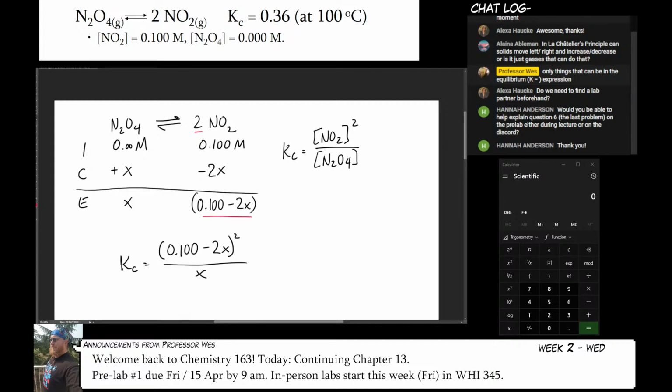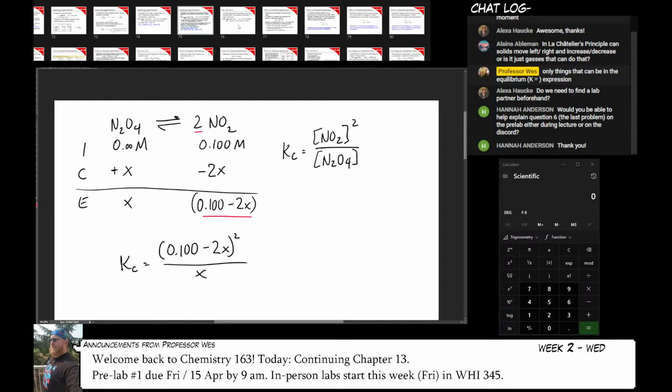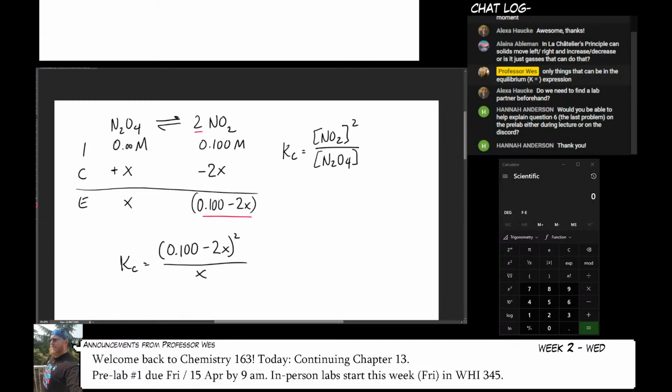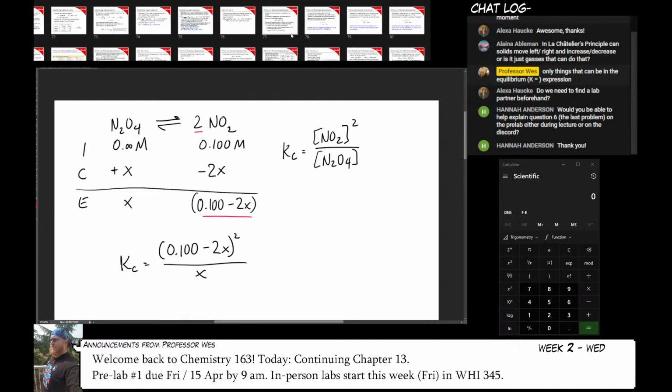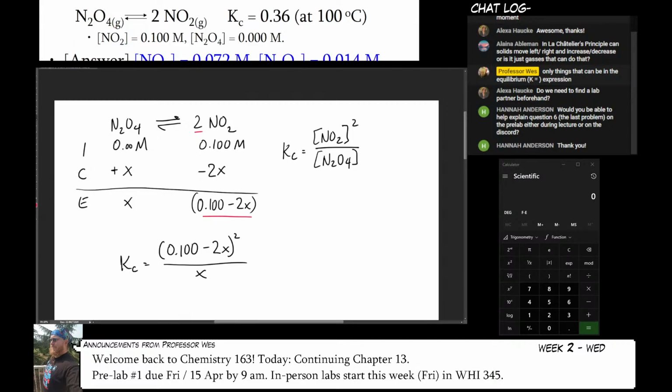Now, if we talked about x is small, let's see here. Is this something that we can do just yet? Sorry, just a second. I want to make sure that we have not gotten to that. Okay, so the intent of this problem is for us to just brute force the algebra here.